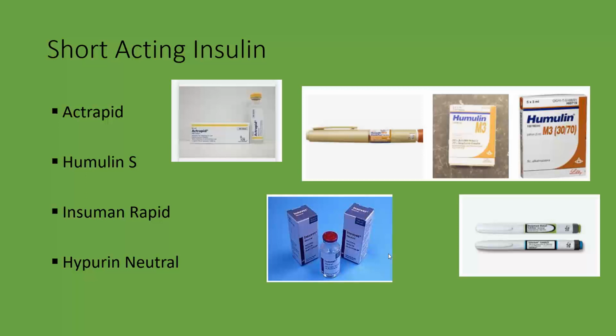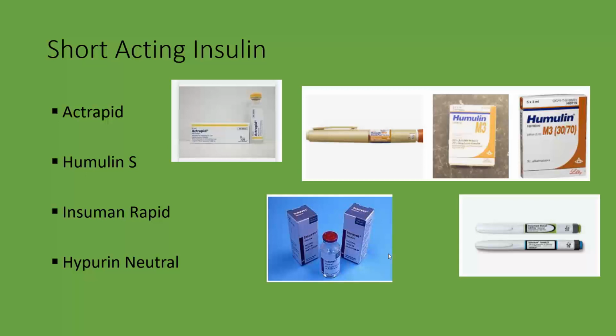So Actrapid is the one we commonly use in the hospital. So this is Actrapid. This is Humulin S. No, this is M3. I haven't shown a picture of S, but it also looks quite similar, a brownish color pen.